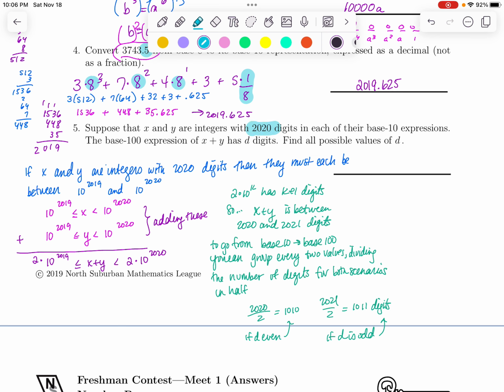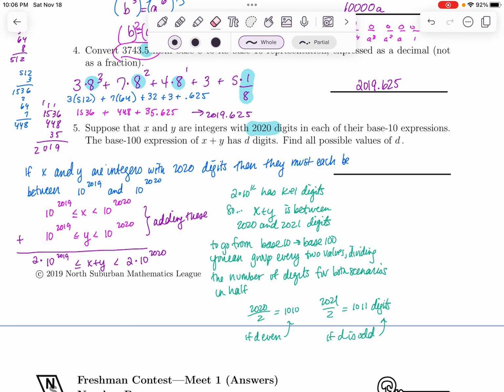So first of all, if we have 2020 digits in base 10, what we want to think about is, given any base, like let's say I had two digits here and I was in base 10, then the largest base 10 value with two digits is going to be 10 squared minus 1.